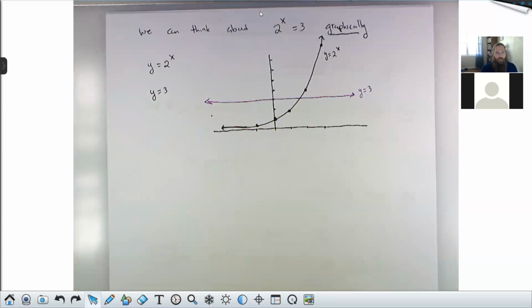So does the equation 2 to the x equals 3 have a solution? What can we say from the graph? What would a solution to this equation look like in terms of this graph? Very good. It's where the graphs hit one another.